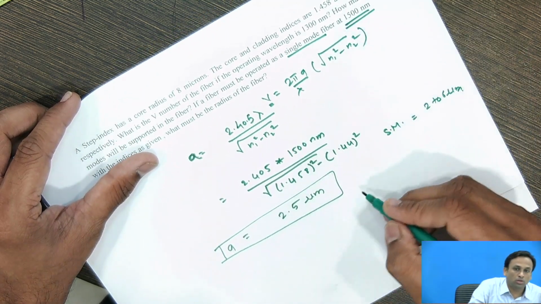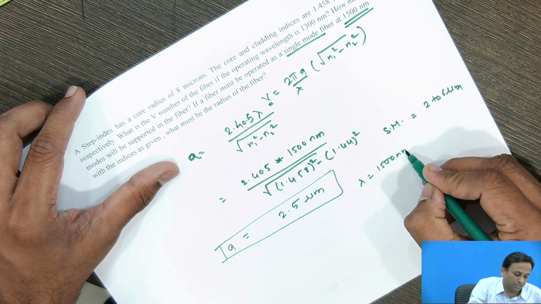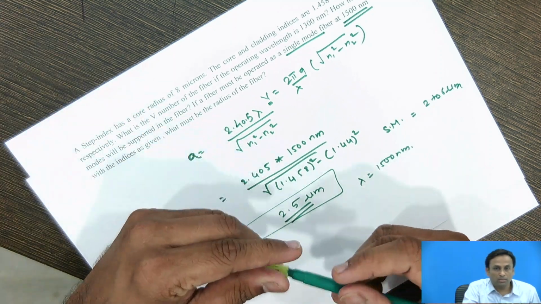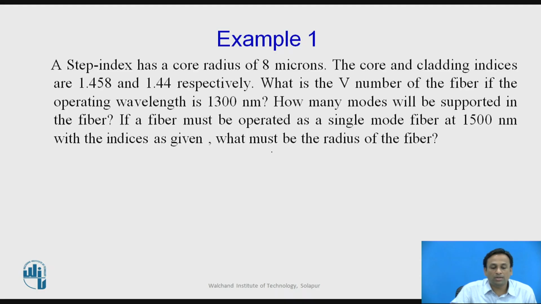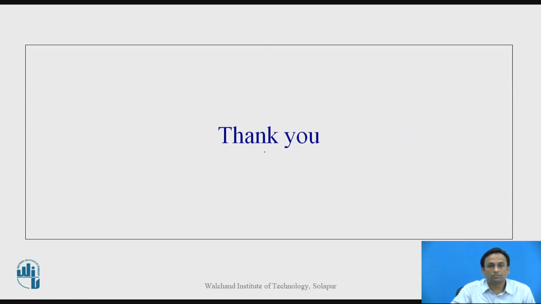The operating wavelength given is 1500 nanometers, so it should be 2.5 micrometers. Okay, I hope you have understood. So these are my references. Thank you.